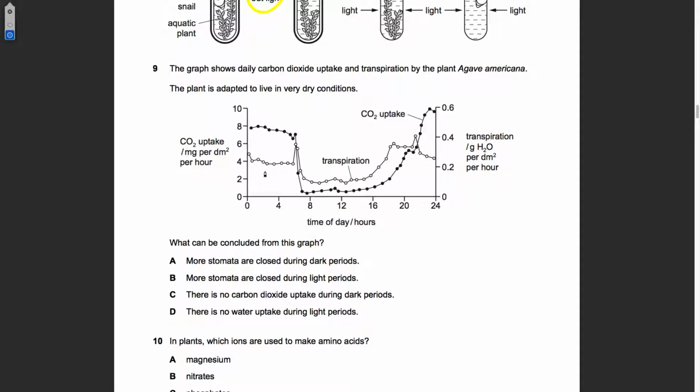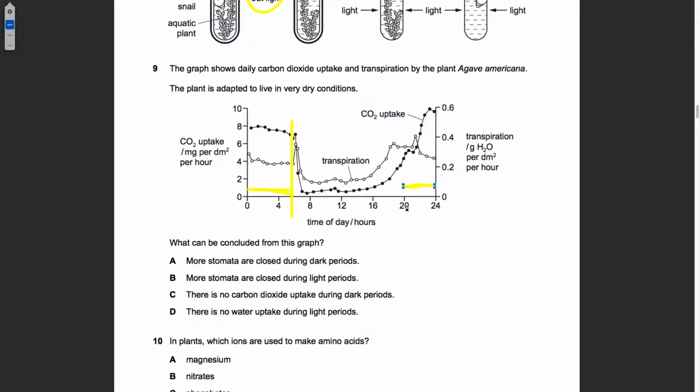That more stomata are closed during dark periods. Now, during dark periods on your graph, so this is like from midnight to early morning, this is dark, okay? This section here, let's just draw in so you can see. This is when it's going to be dark. And similarly, when you get to this time, 8 o'clock at night onwards till 12 o'clock, midnight, that's also going to be when it's dark.